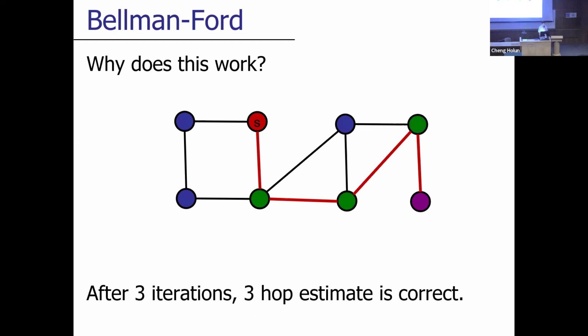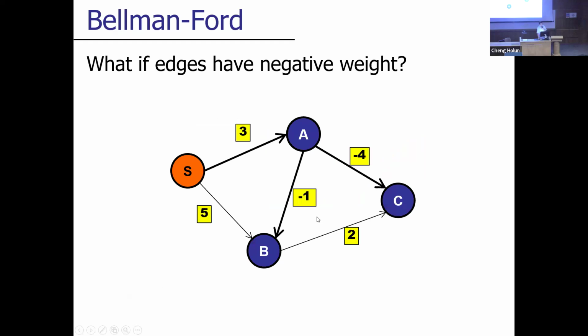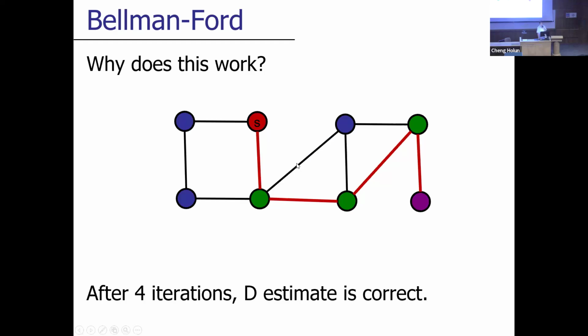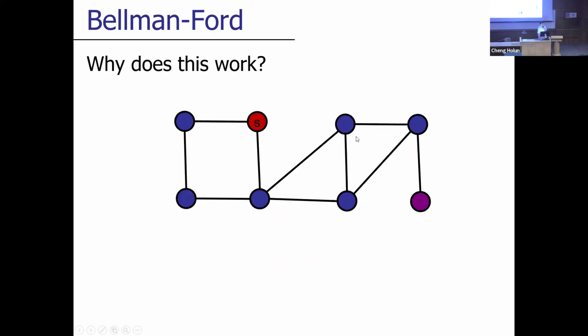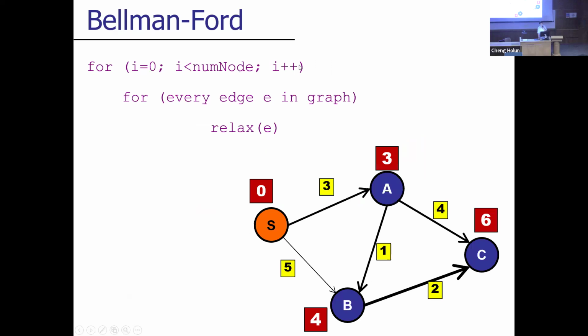So after 3 iterations, 3 hops are correct. And that's why after 4 iterations, the destination D is correct. And if your graph has n vertices, the longest path is n. That means after n iterations, your relaxation will be correct. So that's why Bellman-Ford, if you loop it n times, will be correct.